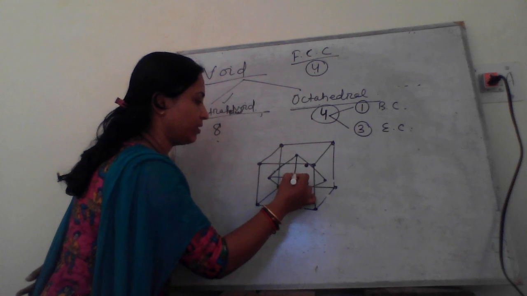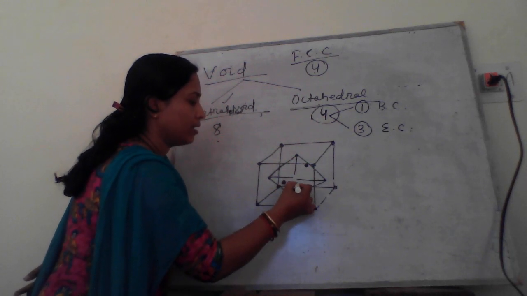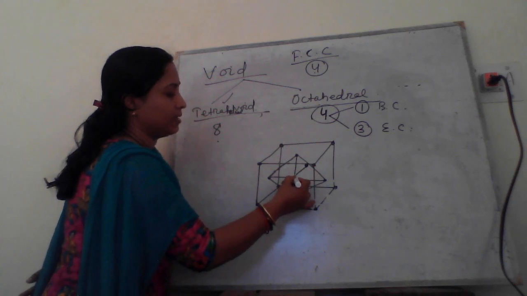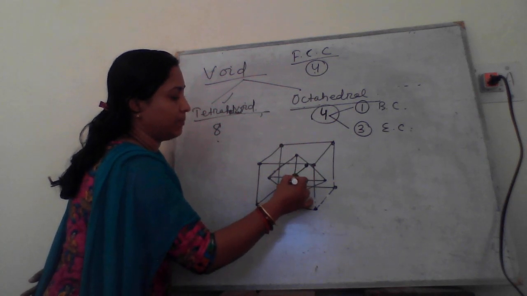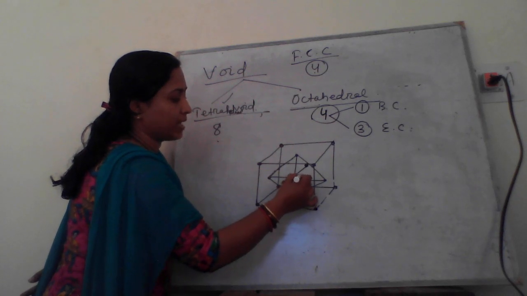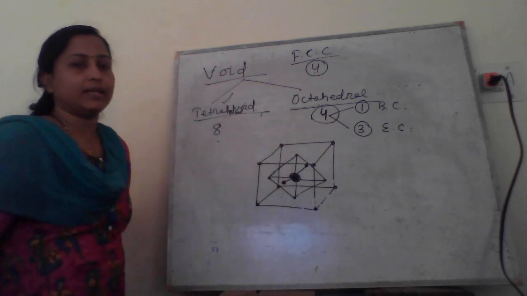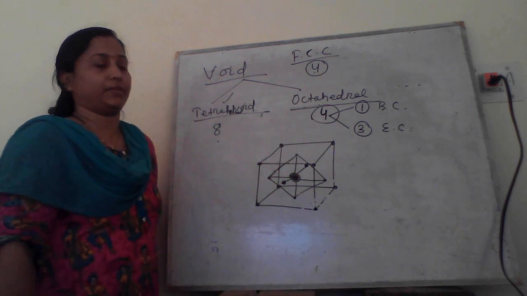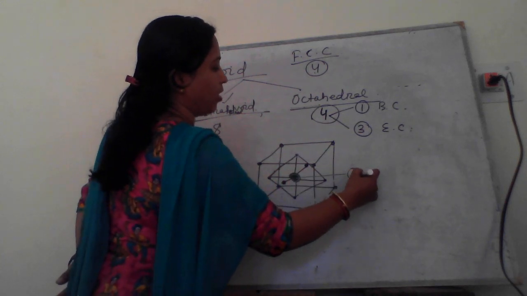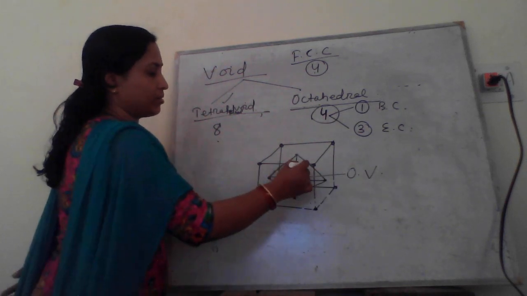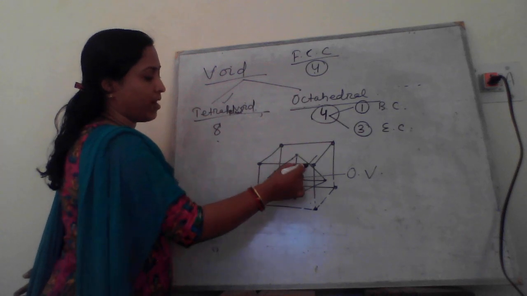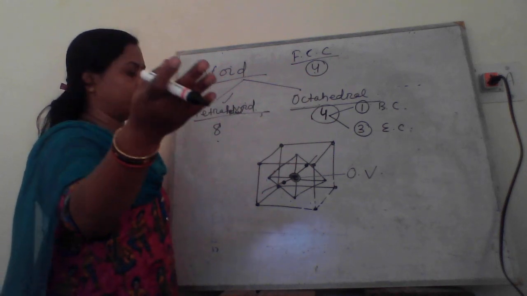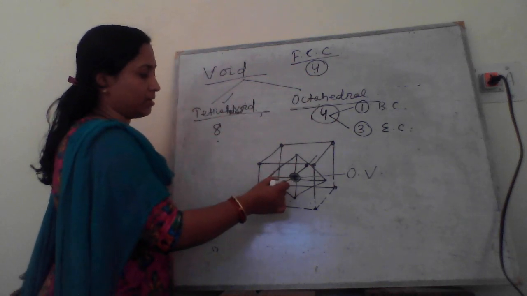When we join these, the middle portion which I darken is a void, and this void is an octahedral void because the touching atoms are 6: 4 at the 4 sides, 1 at the top and another at the bottom.